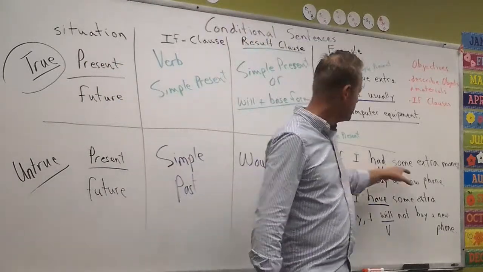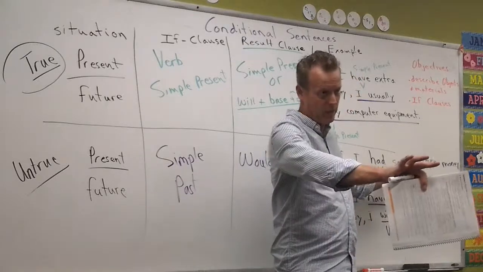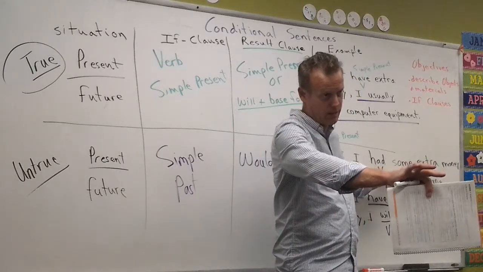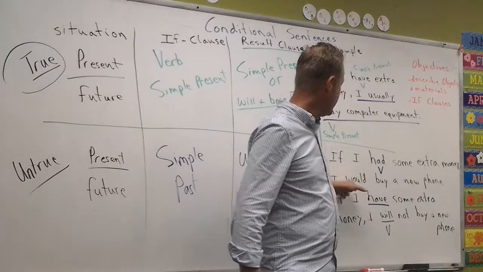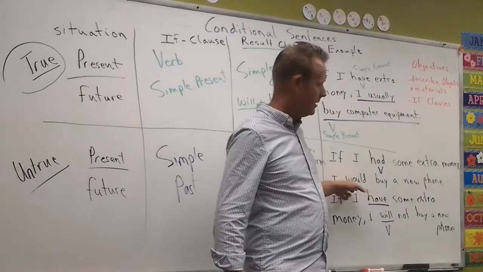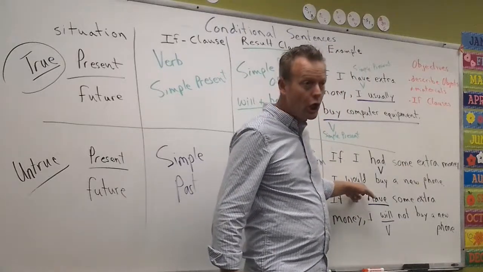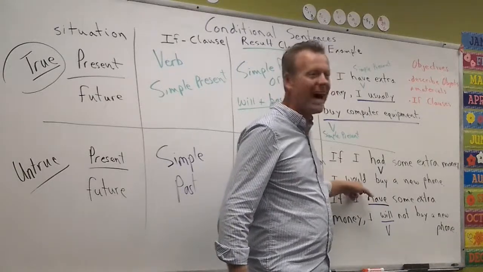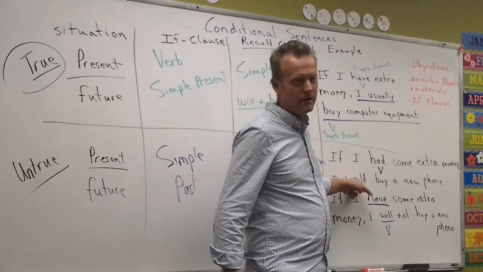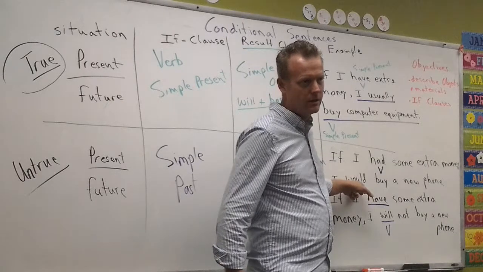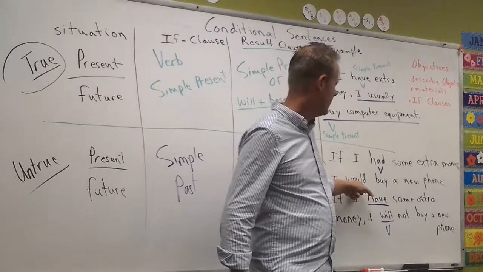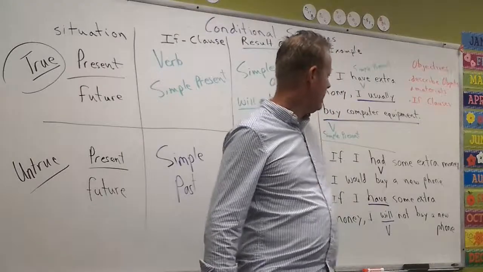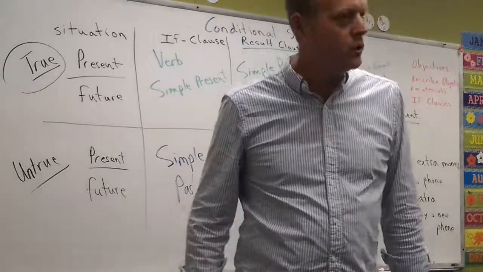If I had some extra money, you're okay up to that point. The truth is you don't have extra money. But then to make it untrue, you've got to use would, not will. I would buy. See, the would makes it possible. If I had some extra money, you would see me drive a truck tomorrow.